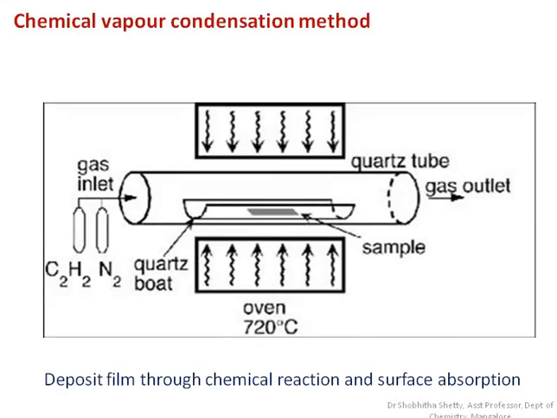As you can see, this is a reactor where the chemical vapor deposition method can be carried out. It involves the deposit of a film through chemical reaction and surface absorption. As you can see here, the gas inlet is there, along with the deposition chamber.